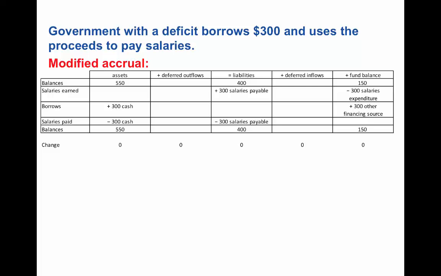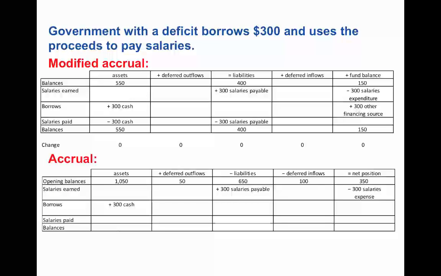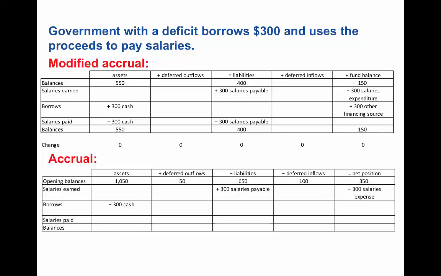But we all know that they have this loan that they're going to have to repay over a number of years, and you see that when you look at the accrual numbers. But if you were only to focus on the modified accrual, you wouldn't realize that they still had this outstanding loan, and that in the long run they're worse off than they were before, because under full accrual, the cash is balanced in your debits and credits with a credit to loan payable of $300.